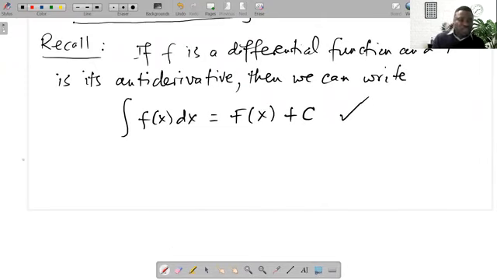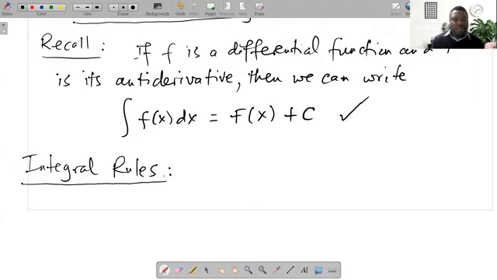I just want to quickly talk about rules, the indefinite integral rules, if you will. Integral rules.